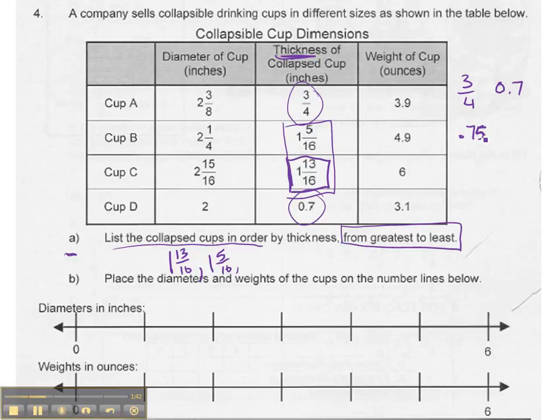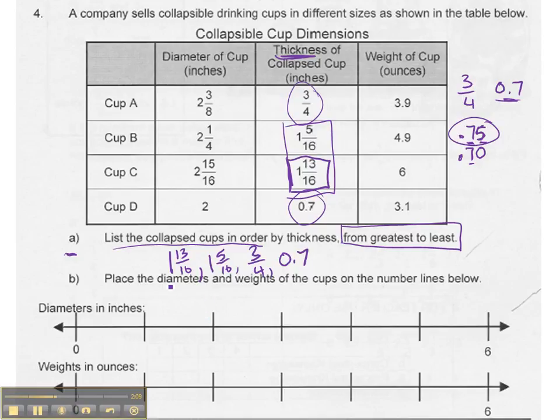If you think about money, 3/4 is 75 cents, so that's the easiest way to remember that. Compare that to 0.7, and add a 0 in the hundredths place and compare those two. The tenths place is the same digit, but we have a 5 in the hundredths place here, so 0.75 or 3/4 is the next largest number, and the smallest number is 0.7 or 7/10.